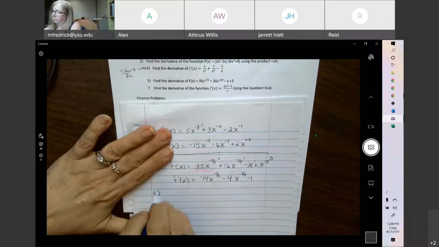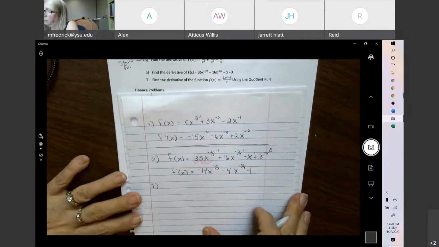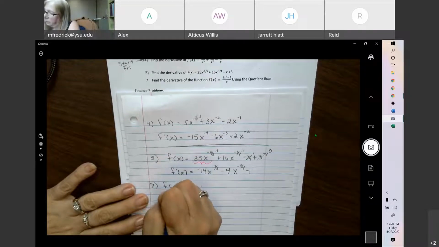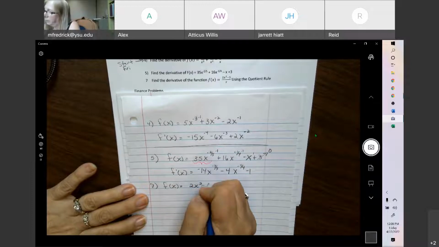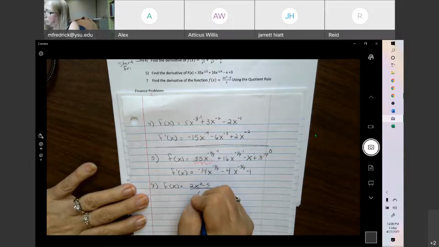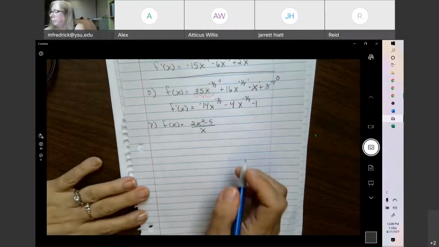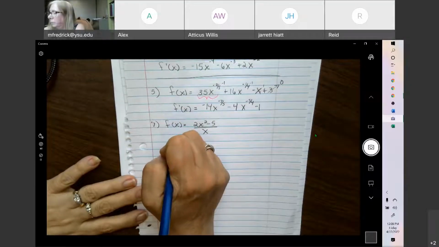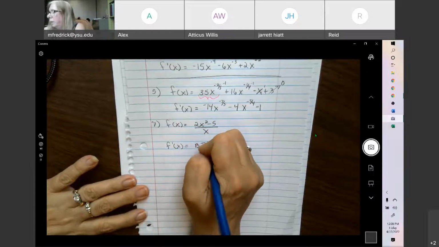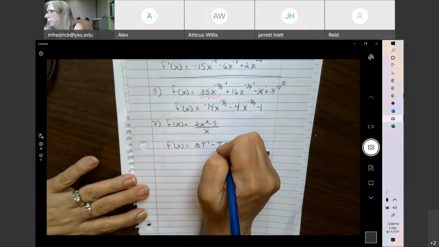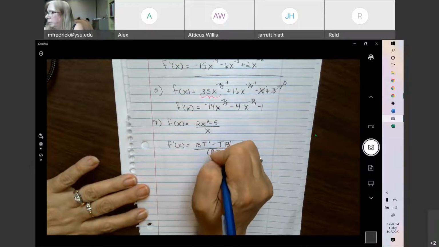Oops, number 7. Find the derivative of f of x equals 2x squared minus 5 over x using the quotient rule. So remember, quotient rule is bottom times the derivative of the top minus the top times the derivative of the bottom all over the bottom squared.